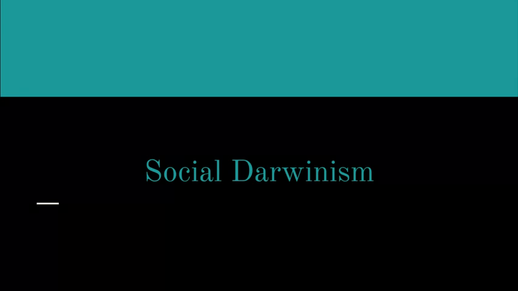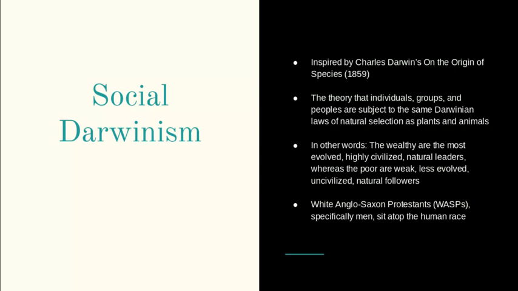What social Darwinism essentially is, is a collection of ideas and theories that suggests that people can be naturally bred. Let's just move to the, hang on here. This is better. Let's just do this.